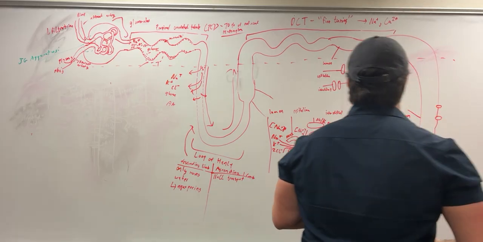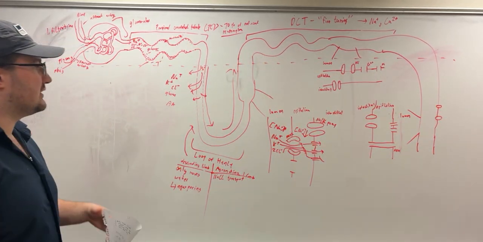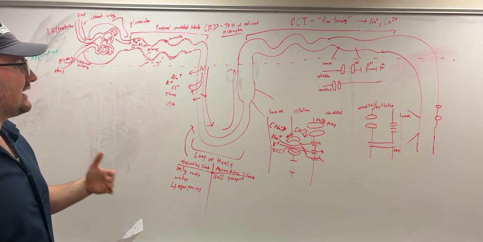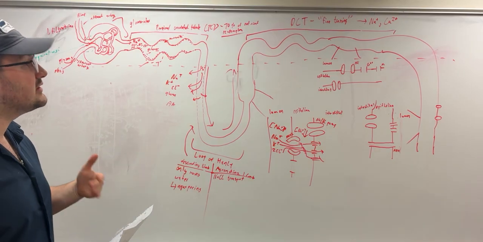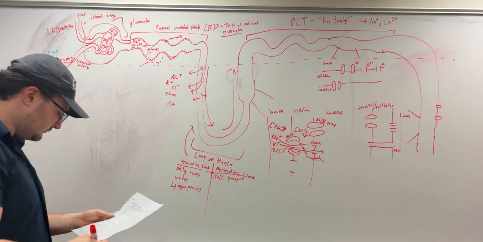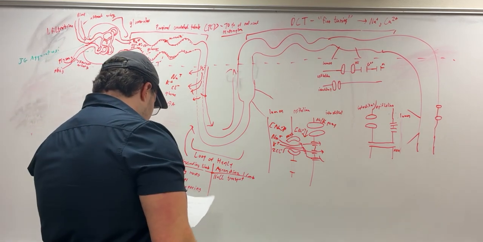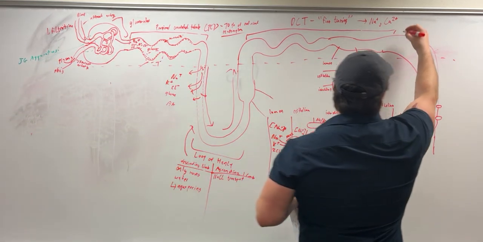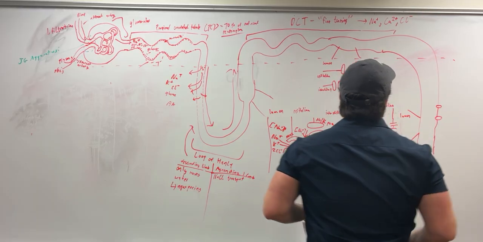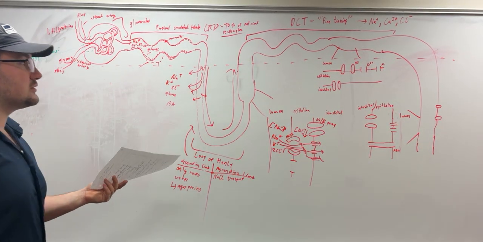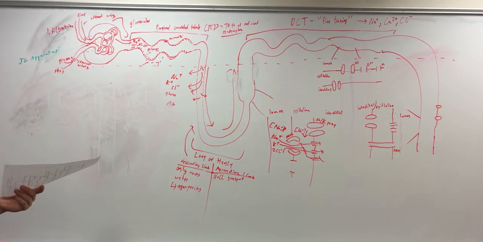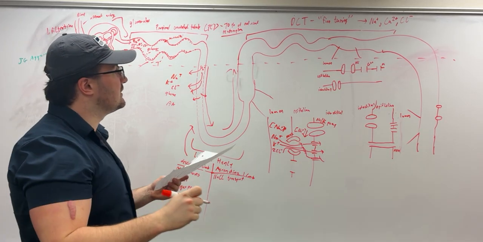So we haven't talked about calcium yet, but this is going to be a point that allows us to move calcium to either be reabsorbed or secreted, depending on what the blood needs. And there is also going to be some chloride movement as well. So when you think distal convoluted tubule, just understand that that's sort of the fine-tuning point.